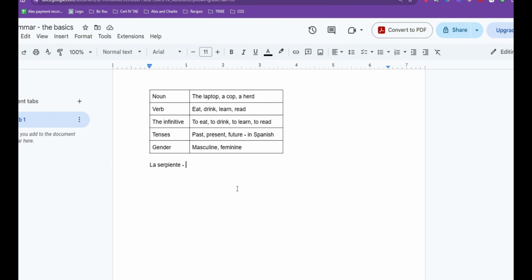Now, with la serpiente, if I'm going to add adjectives, I need to make it feminine, okay? And yeah, so you want to know that gender only applies to nouns, and then the adjectives agree. That's all you need to know about that.